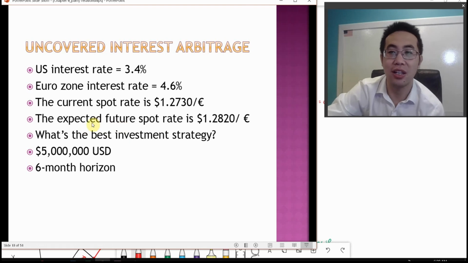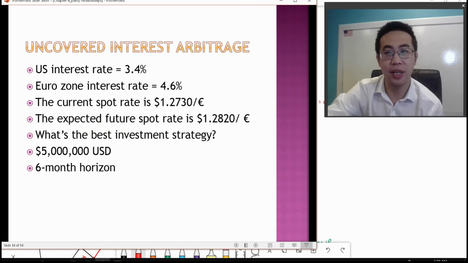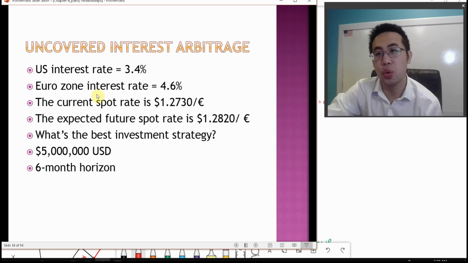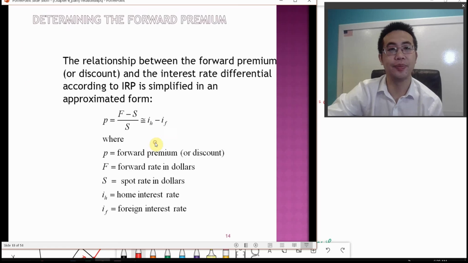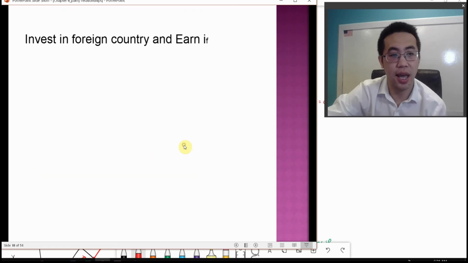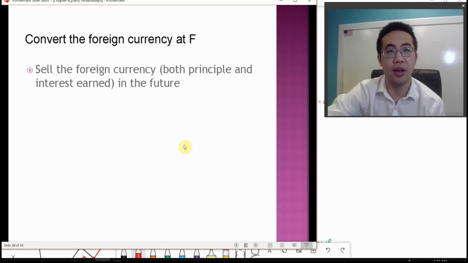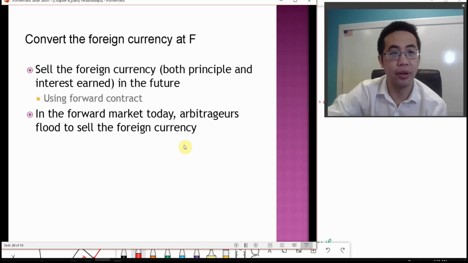And this expectation can be wrong. If the spot rate changes unfavorably against your expectation, you would lose money. So instead of using forward trading, you use your expectation, and this is called uncovered interest arbitrage. It's more risky. I have covered all of this, so you can just take a look at the PowerPoint, read through it, and also read through the chapter.